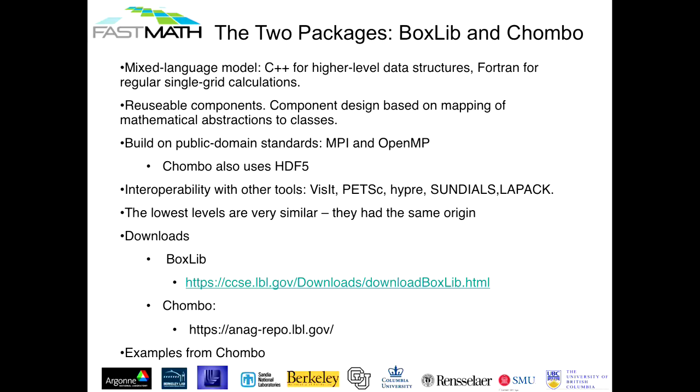So there's a Fortran version, and there's a C++ and Fortran version. But depending on if you want to do Maestro type work, or if you want to do LMC type work, you might get a more F90 version of the code. Chombo is, from the user level all the way down to the kernels, all C++. And our next version is going to be more C++11-ish. But that only matters to some of you.